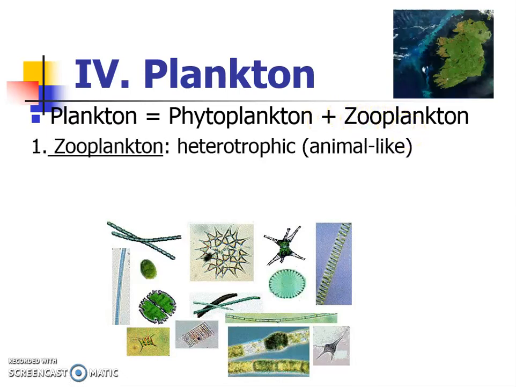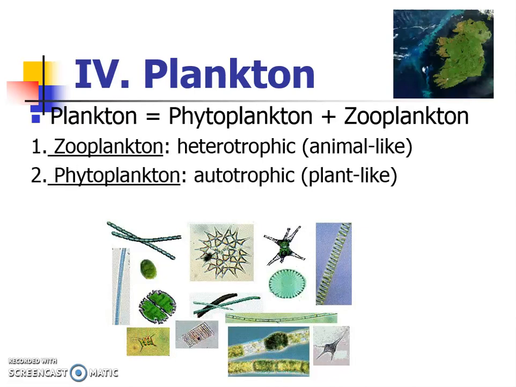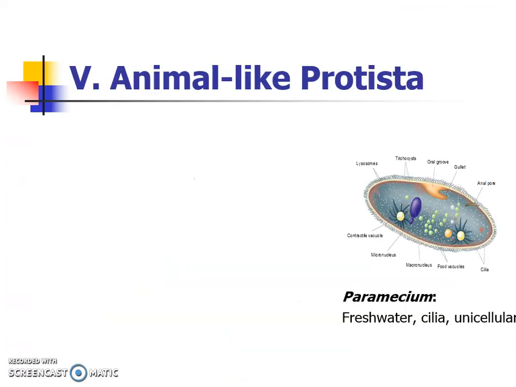So the zooplankton are the heterotrophs, they consume things, and the phytoplankton do photosynthesis, and they're more plant-like. And we really rely on these to be the bottom of the food chain for our oceans and water. Without these two groups that are all together called plankton, a lot of different food chains would disappear because they wouldn't be able to support other organisms eating them, like whales and other things like that.